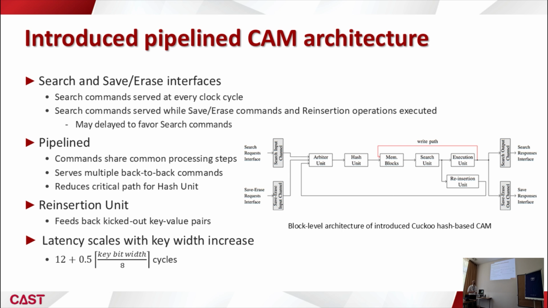The execution unit selects which hash table is to be updated and produces the right enable and data signals. In parallel, the reinsertion unit selects a key-value pair to be reinserted in case of a save command. Essentially, it produces a reinsertion operation that enters the data path again through this loop.